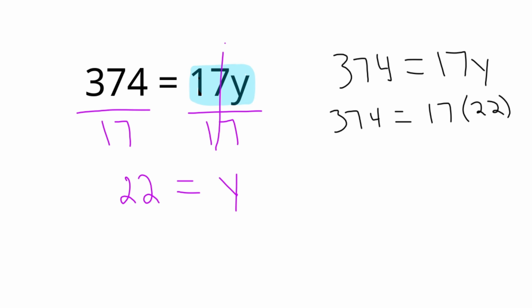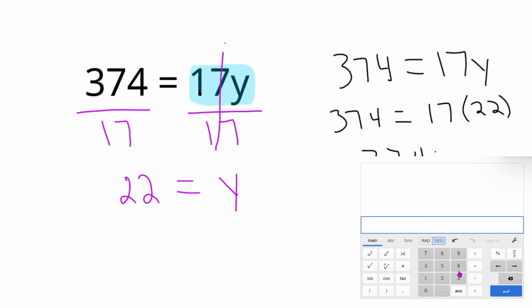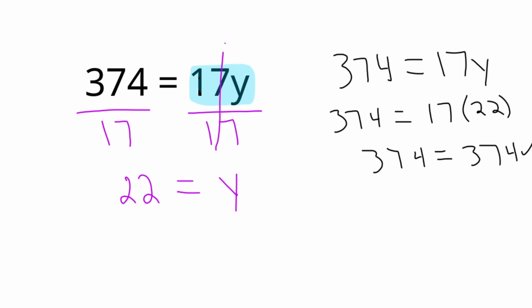Step 3 is to confirm that 17 times 22 is in fact 374. So 374, and then plug in your calculator, 17 times 22. And we get 374. 374 is equal to 374, so it checks out.